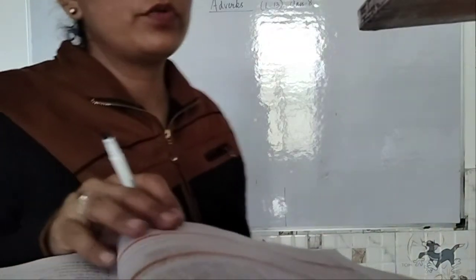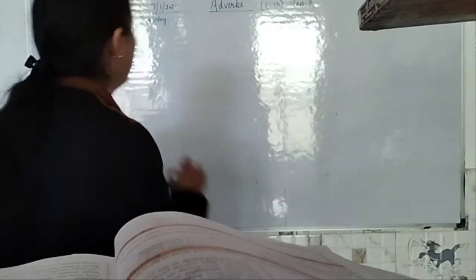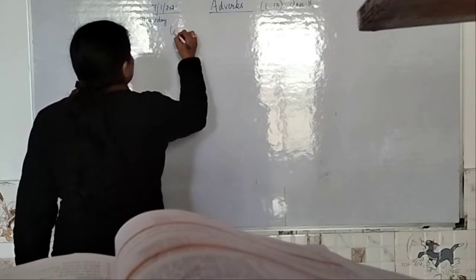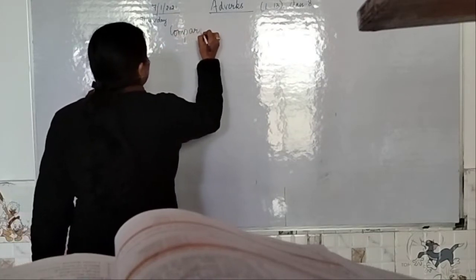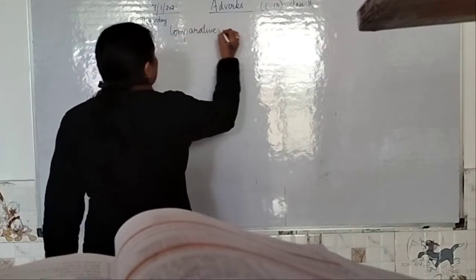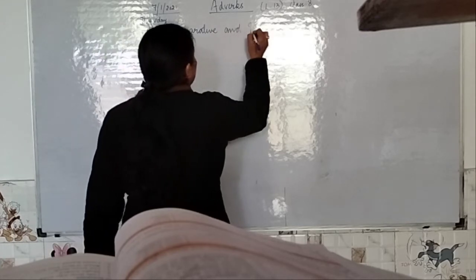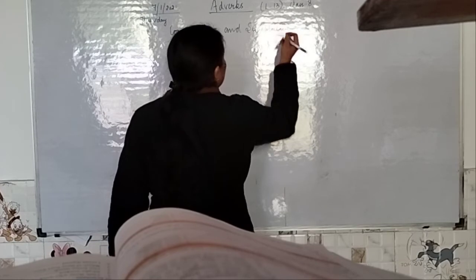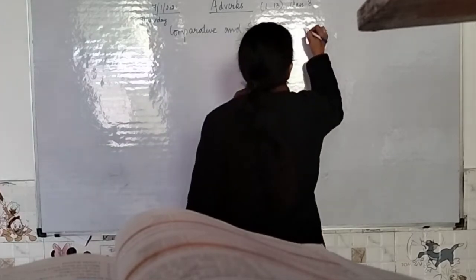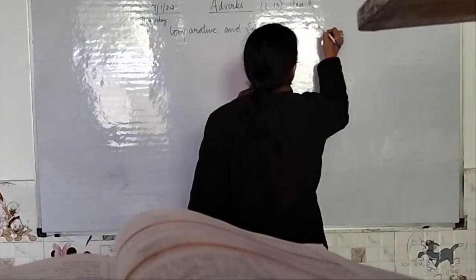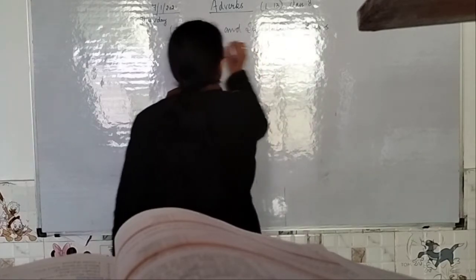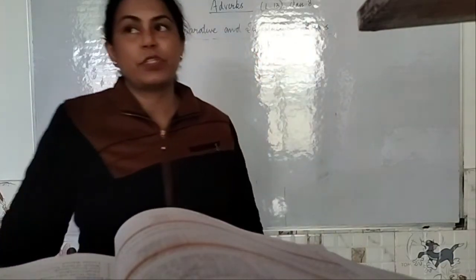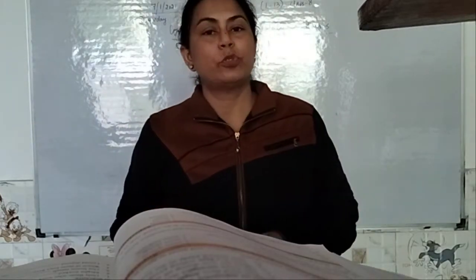So now we are going to start with the comparative and superlative. Like adjectives, we have 3 degrees: positive, comparative and superlative.